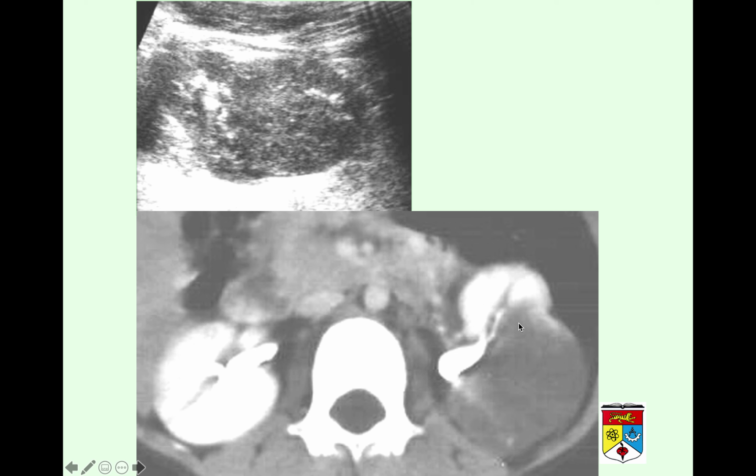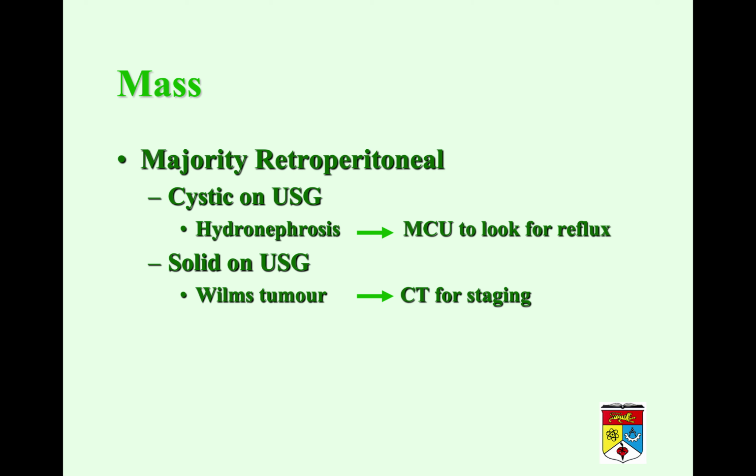And true enough, the CT scan showed that the mass is originating from the left kidney, in a case of Wilms tumor. Okay, a common tumor that happens in toddlers. All right, the majority you see are retroperitoneal in origin.